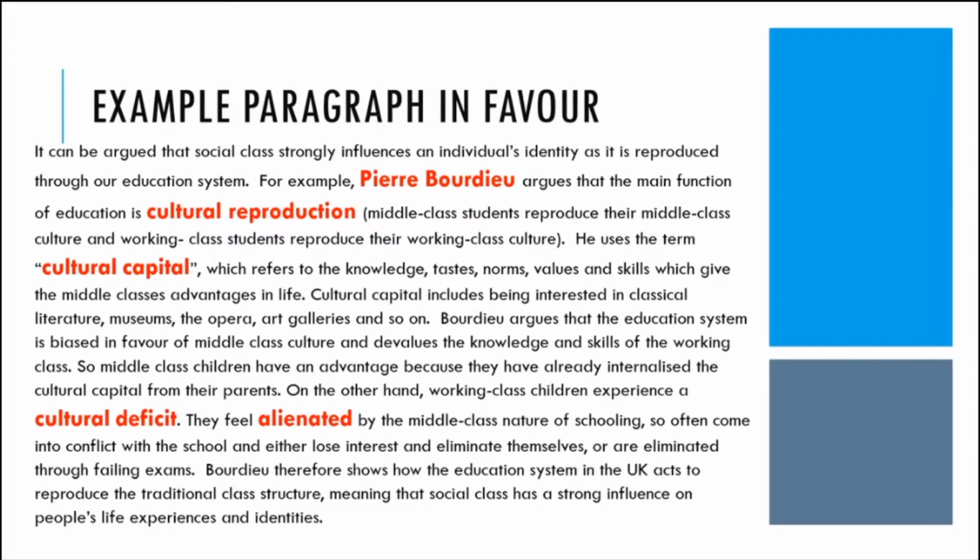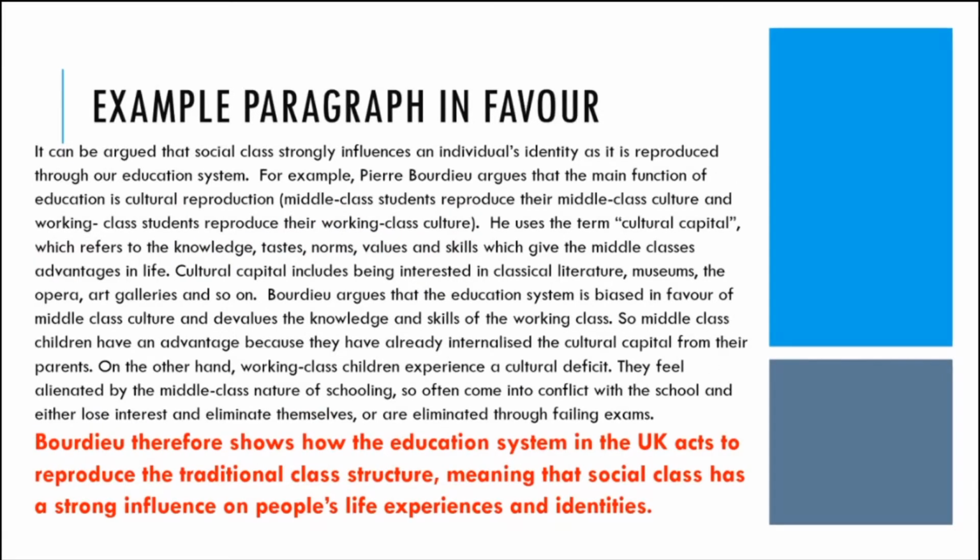And finally, the student links back to the question, which is the L of Peel, by saying that Bourdieu shows us how the education system reproduces the traditional class structure, which means that social class does still have a strong influence on people's life experiences and, crucially, on their identities.